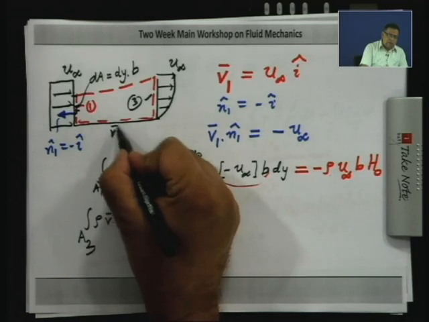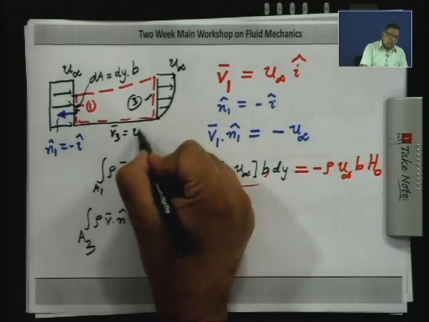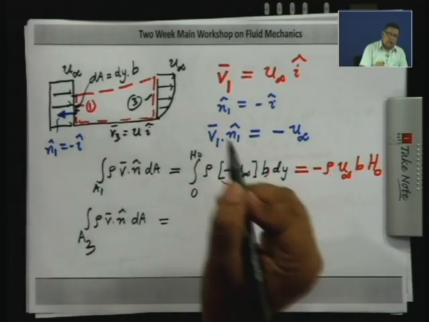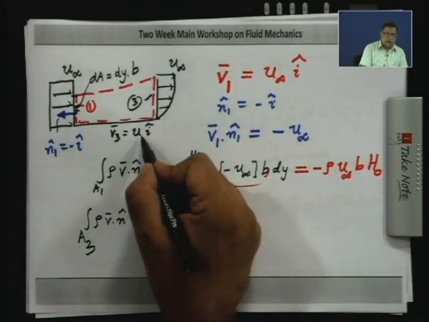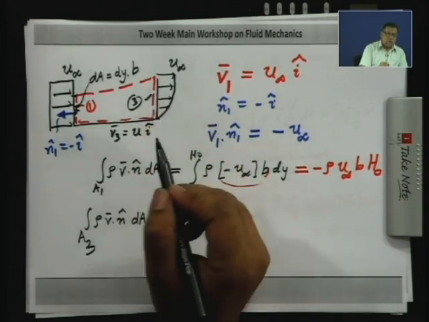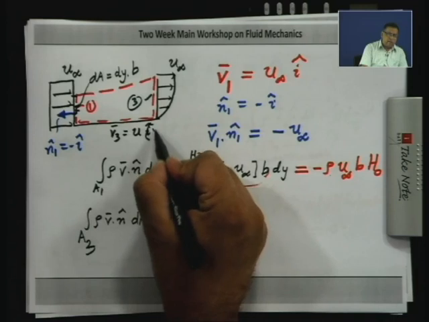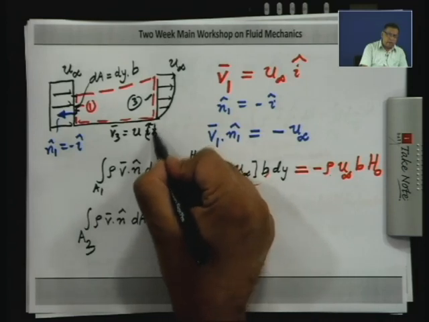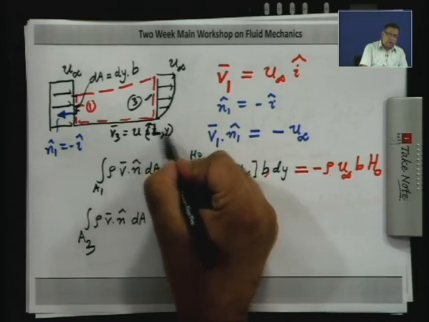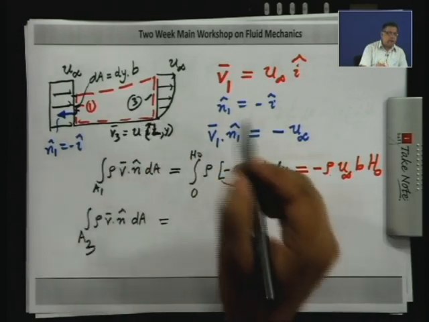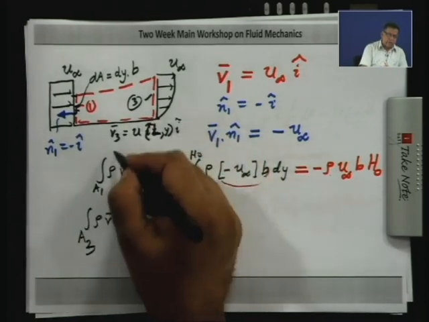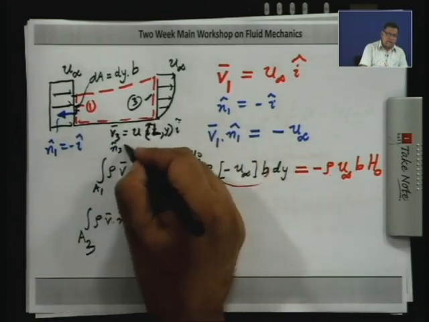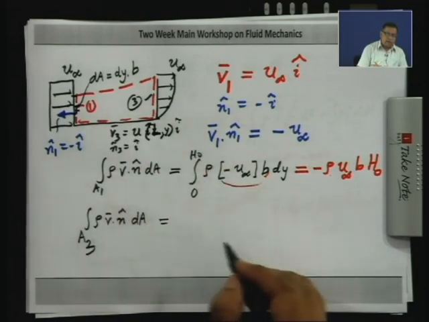So, v 3 is u into i. You can call it u 3, or I am simply calling it u, or you can say u of x equal to L comma y, where L is the length of the plate, and n 3 is plus i.